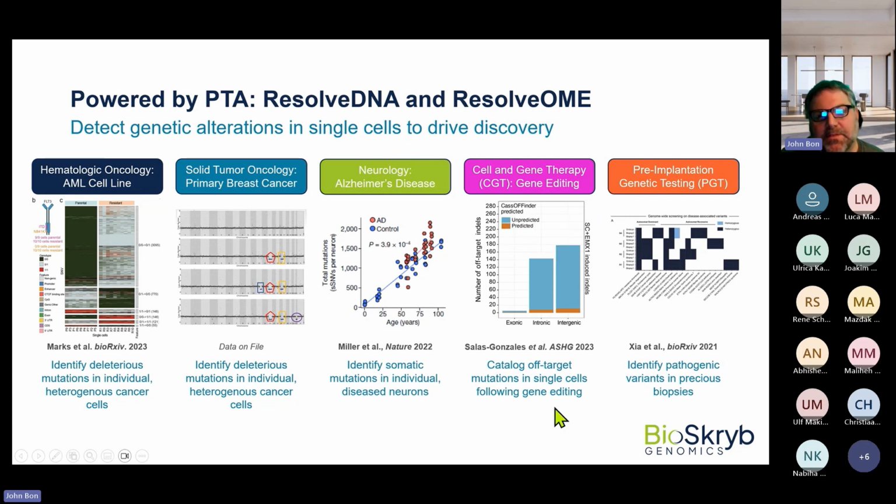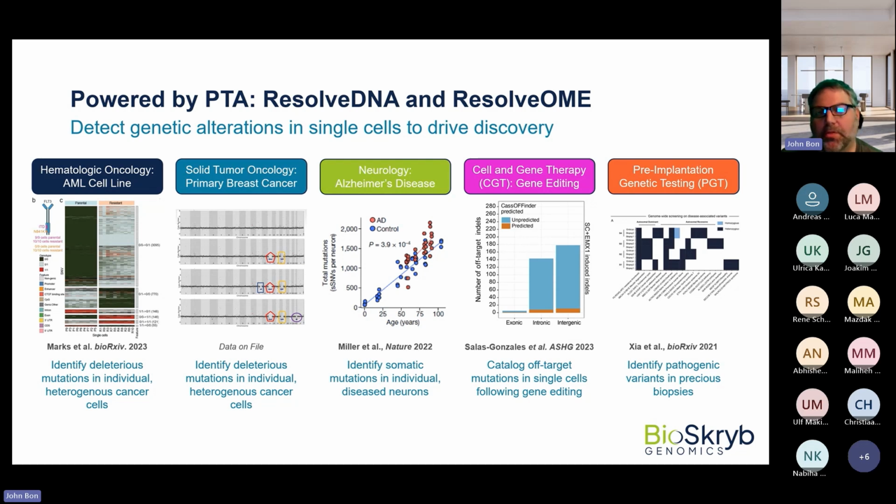An up-and-coming space for us, because we get the whole genome amplified, and with ResolveOME, you get the transcriptome. If a genetic element is put into a cell using cell and gene therapy methods, using CRISPR or viral vectors, for example, you could make sure that the genetic element is there, so on target, or if it's off target.